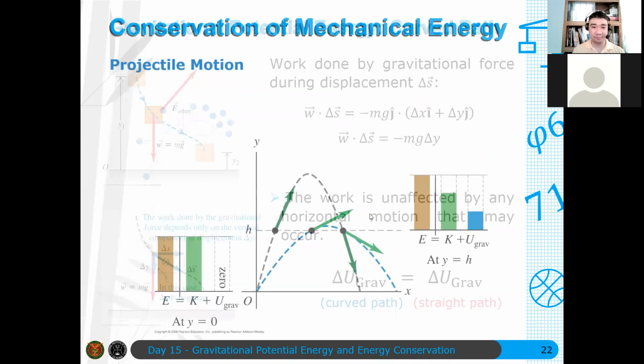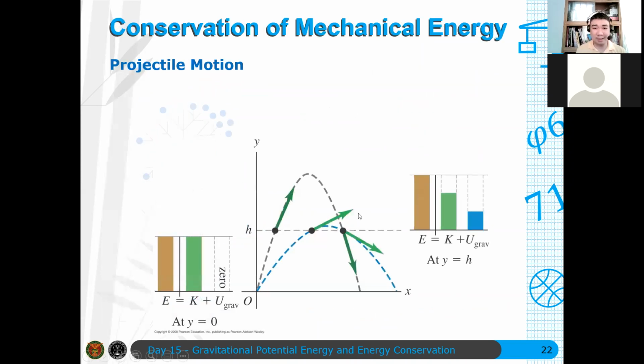Okay. Now, as a consequence, ibig sabihin, hindi nagmamatter yung horizontal position, di ba? Therefore, let's say a projectile is launched at some initial speed at different angles. So, the angles lang yung nagbago, pero dapat same yung initial speed niya.